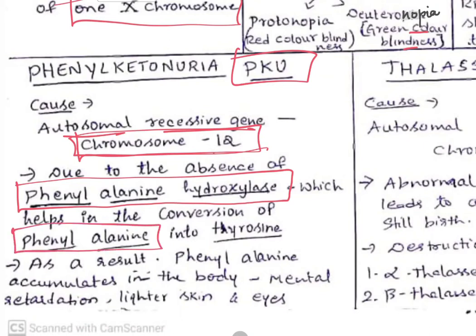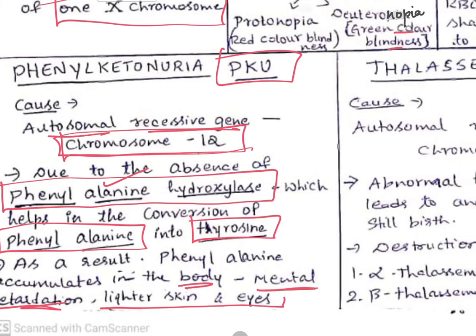It's an essential amino acid. This phenylalanine should be converted into tyrosine in our body. If it is not converted into tyrosine because of the absence of this enzyme, the phenylalanine accumulates in the body, which results in mental retardation, lighter skin and eyes.